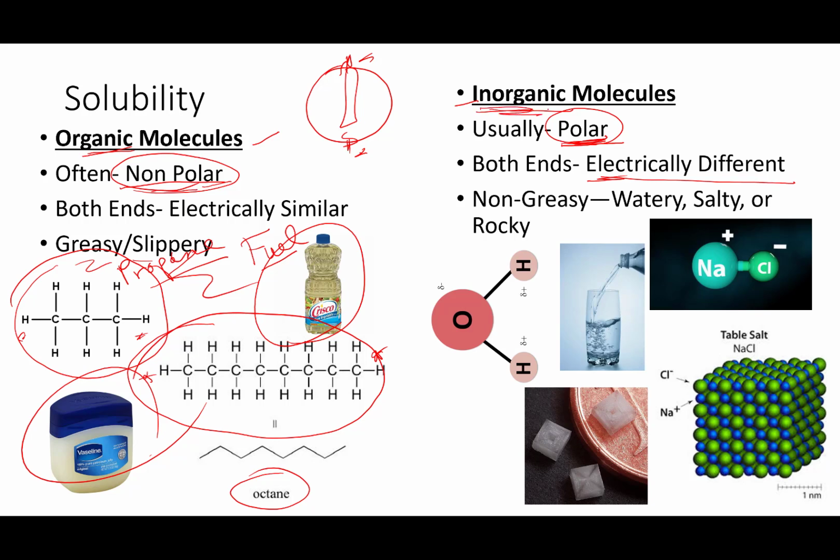Inorganic molecules, if you're talking about rocks or mountains or water, tend to be non-symmetrical. One end's different from another. And here is a diagram of a water molecule. Water molecules are very polar. And what that means is because it's two hydrogens and one oxygen, oxygen is an electron hog.